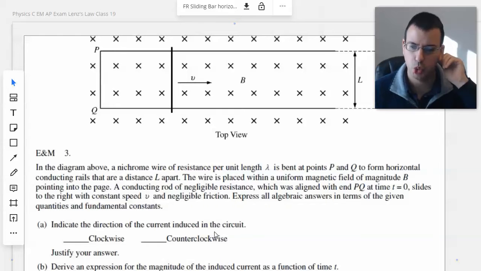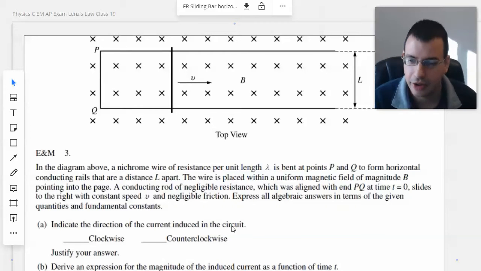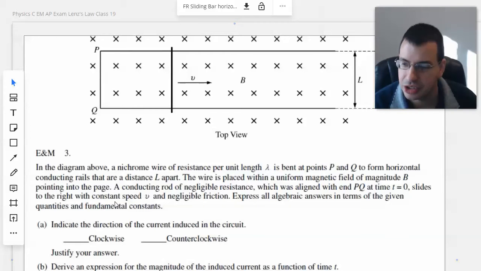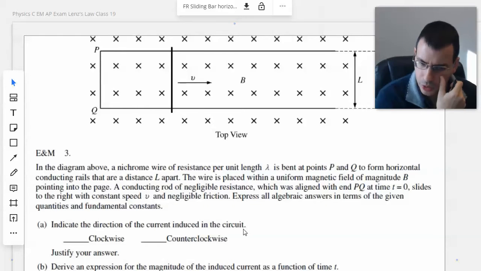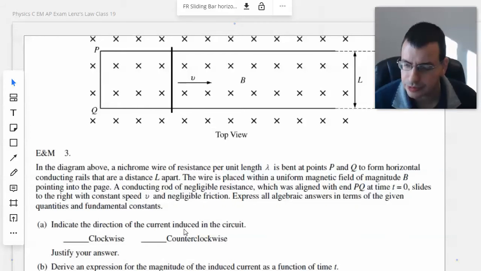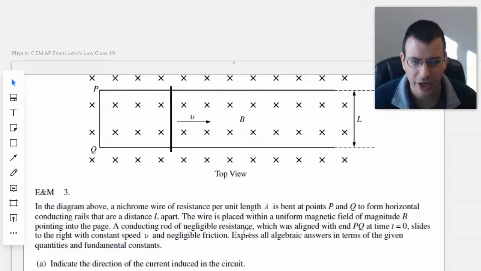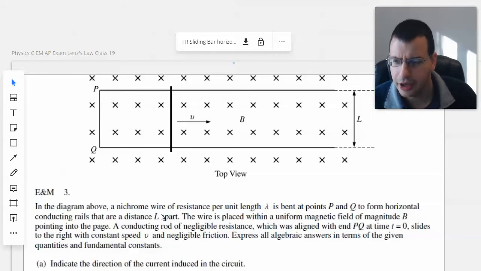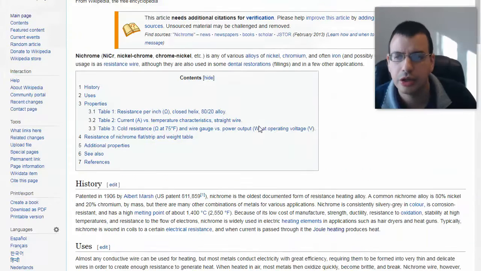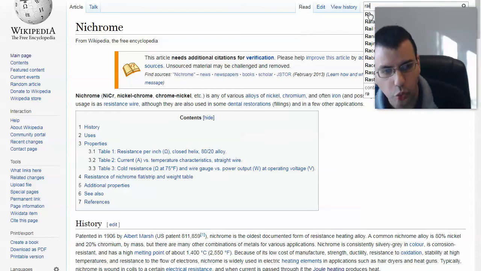Okay, the conducting rod slides to the right with constant speed and negligible friction. Okay, so I think this is a railgun. Railgun?